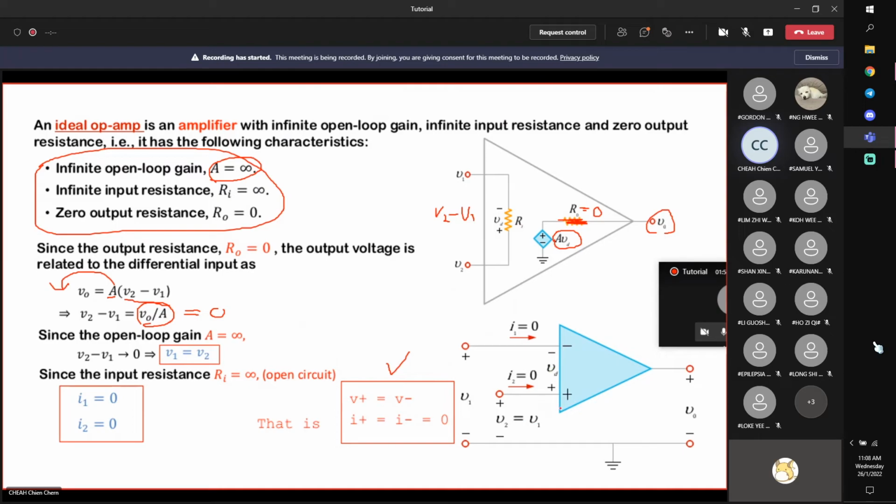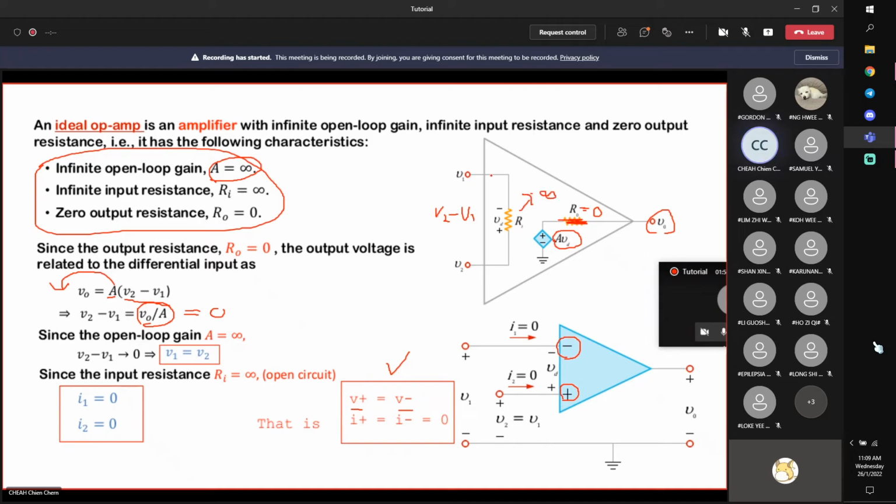So it's easier to call the voltage connected to the positive terminal V plus, and the voltage connected to the negative terminal V minus. In fact, it means that V plus is equal to V minus. This is the first property. The next property is because there's infinite input resistance.